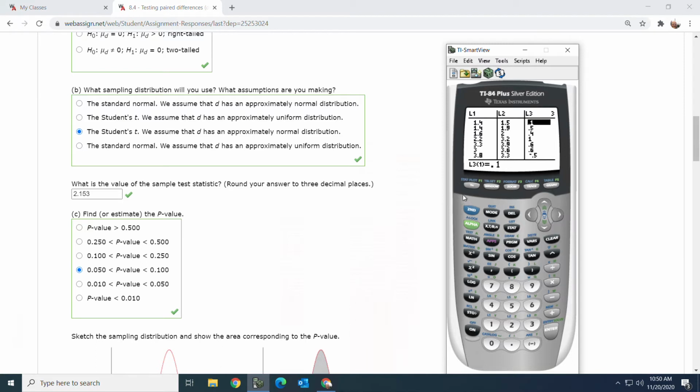All right, I'm going to go over here to the calculator, second mode, and I'm going to quit. The value of the sample statistic. Now, since we're concentrating on the differences and not boat versus shore, we're looking at the differences of those two. We're going to go to Stat, go over to Tests, T-Test.